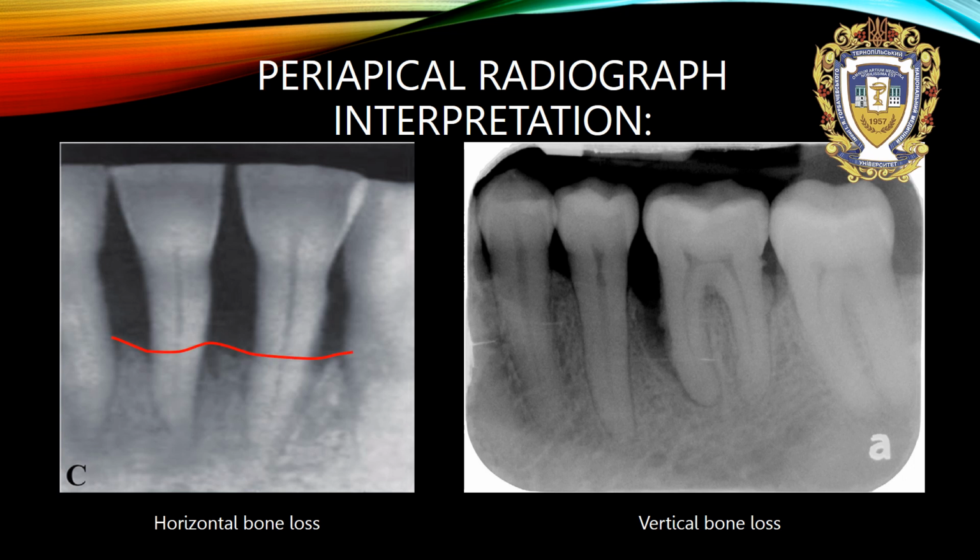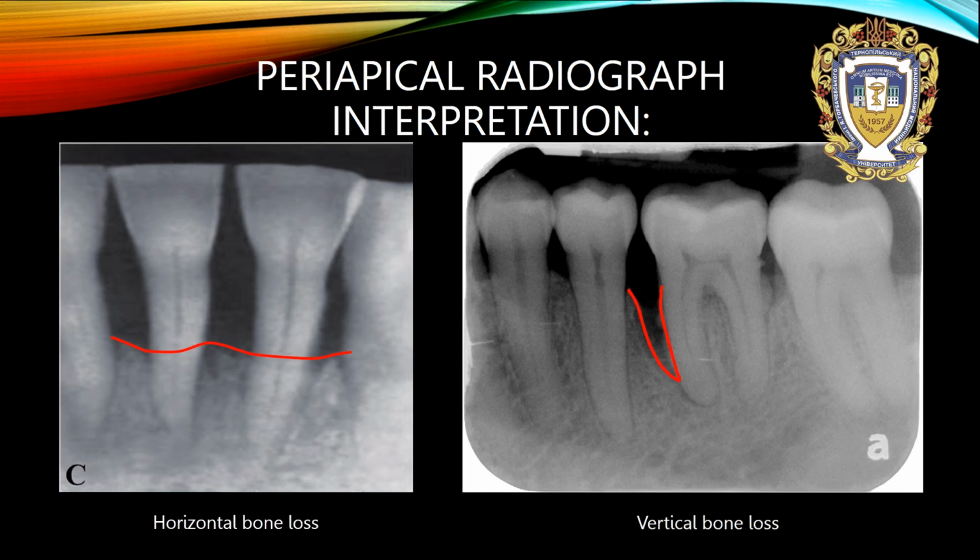In the left picture, they are shown horizontal bone loss. A reason can be inflammation like parodontitis. But in the right picture, they are shown vertical bone loss. The reason for this situation can be overloading of this tooth, over contact, and chronic occlusal trauma.